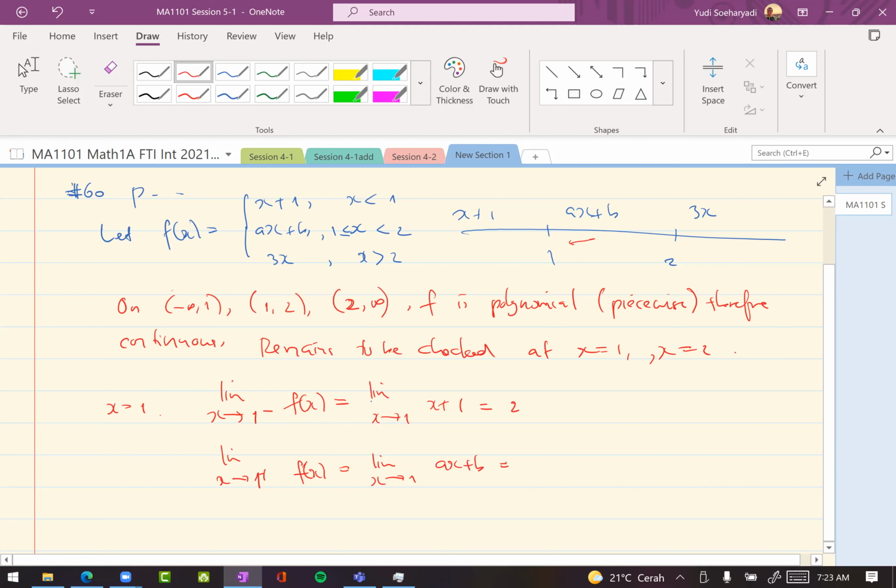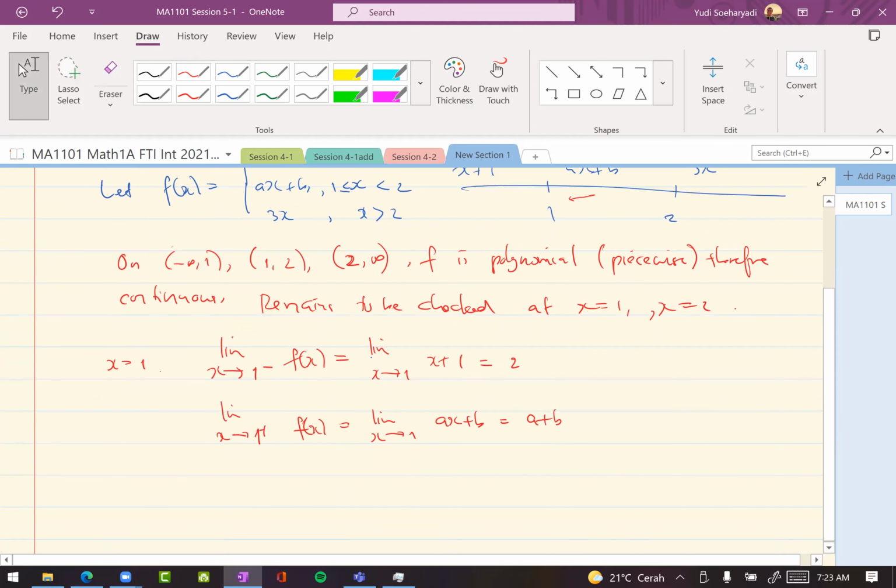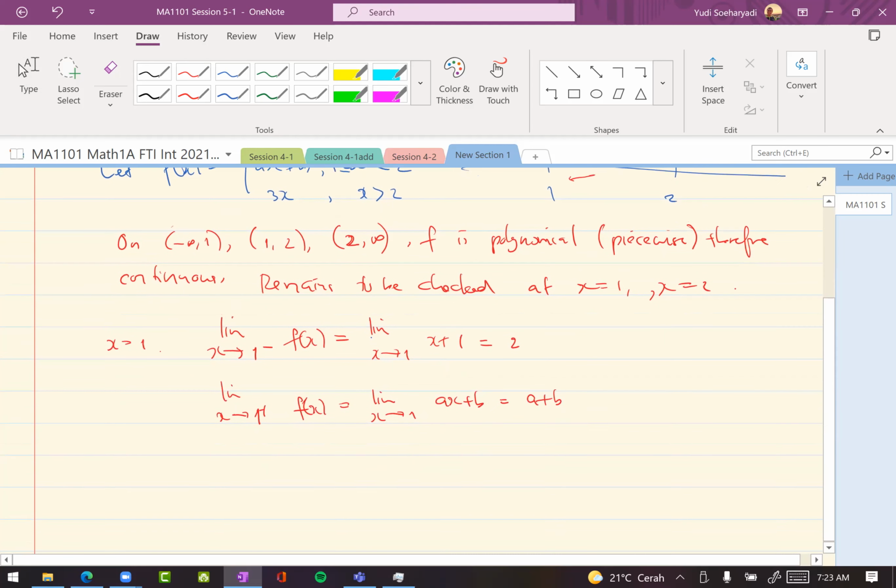But it's linear, that's an easy case where you just plug in the number. So just a plus b. And then that's 1. So from here, what you conclude is that 2 must equal a plus b.